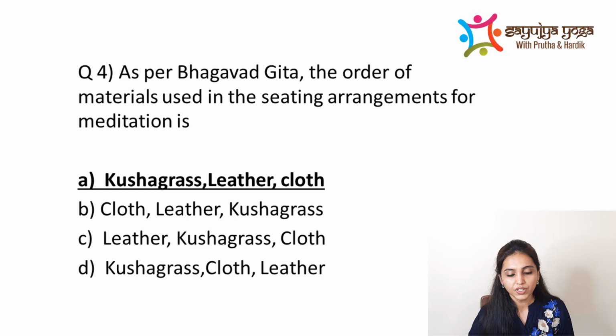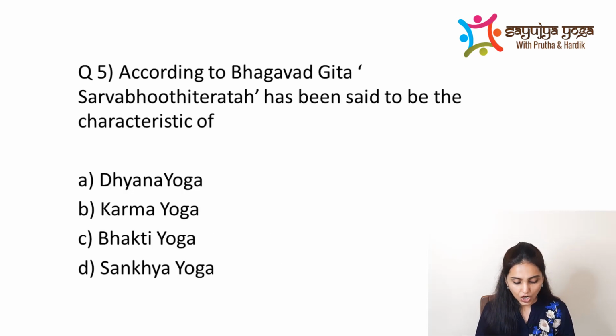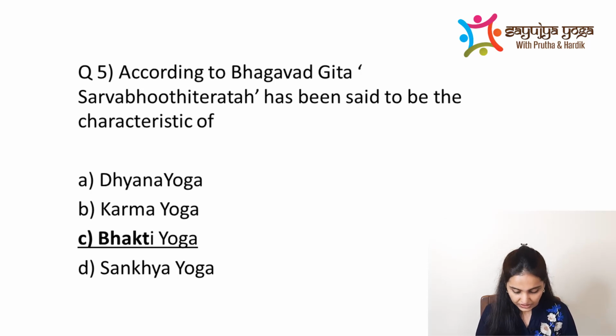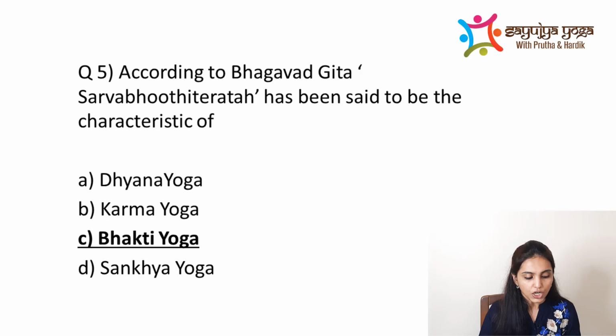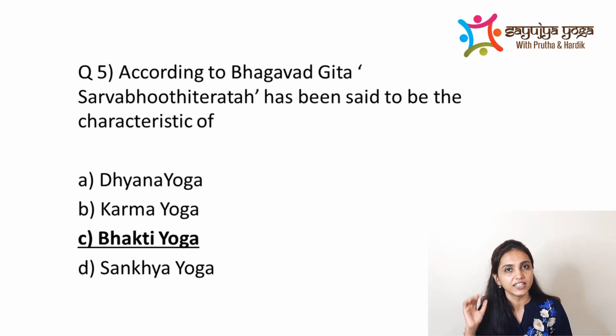Let's move further. The next question is, according to Bhagavad Gita, Sarvabhoothiteratah has been said to be the characteristic of, okay, and the correct answer is option number C, Bhakti Yoga. Now friends, shloka number 3rd and 4th talks about Sarvabhoothiteratah.